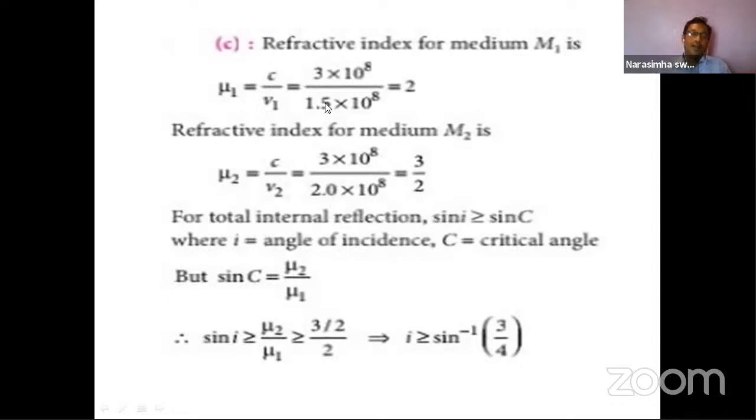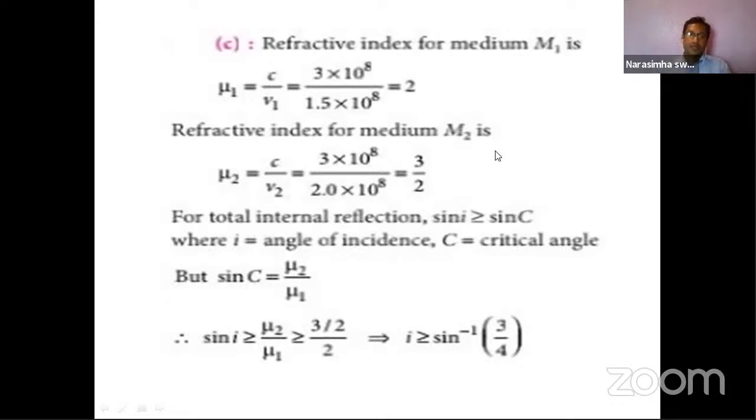In medium 1, the value is given as 1.5 into 10 power 8, and the velocity of light in air is fixed, so 3 by 1.5 is 2. This is the refractive index of medium 1. Why is it required? Because we have the critical angle relation, sin C is equal to mu 2 by mu 1. In the morning we discussed sin C with respect to mu, velocity and density.